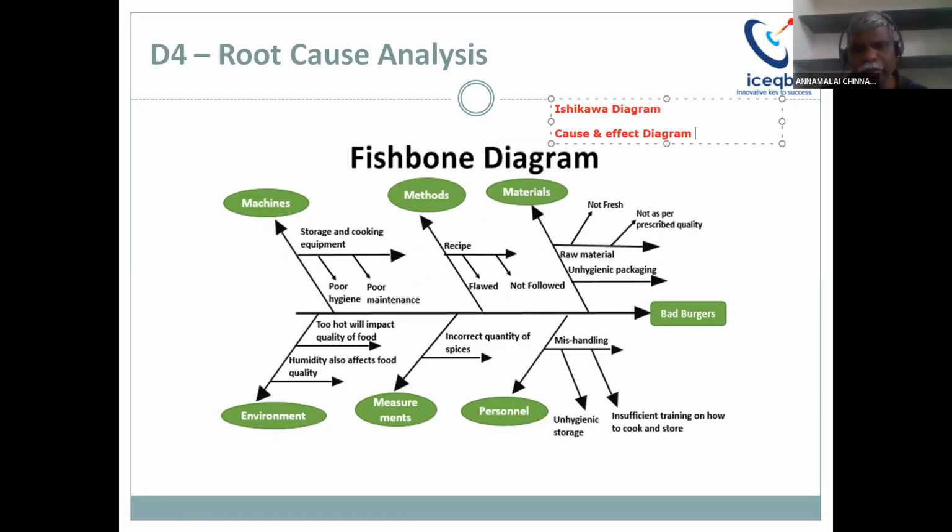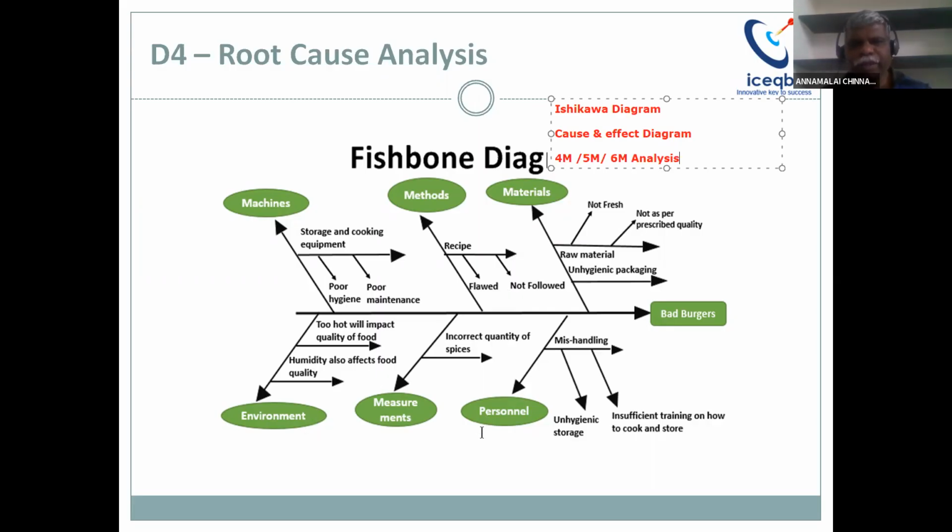And we can also call this a 4M, 5M or 6M analysis. Actually, it started off with 4M. We initially started with only machines, method, materials, and manpower or personnel. So we started off with only 4M. Then measurement was taken up as the 5th M, and then mother nature or environment.